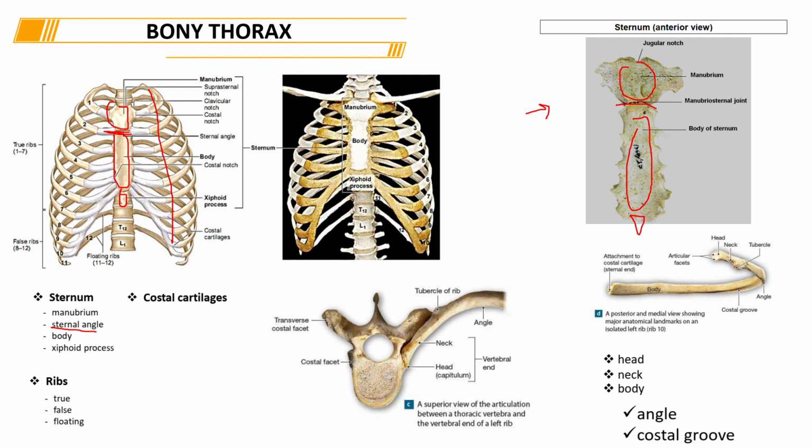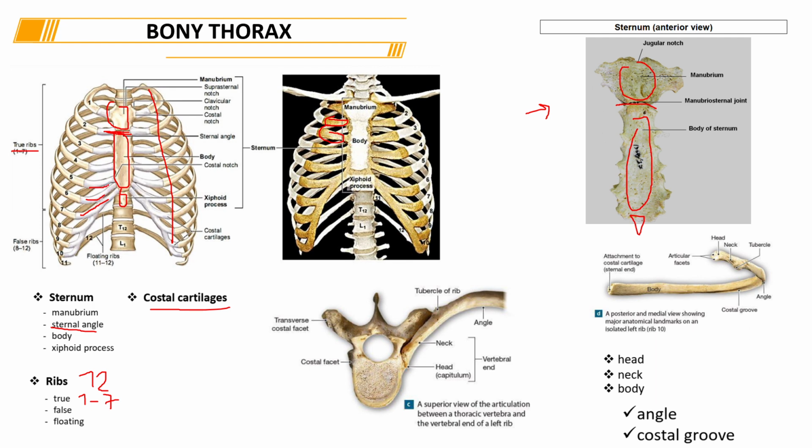And where the ribs join to the manubrium, this white thing is called the costal cartilage. The ribs have 12 pairs. Ribs 1 to 7 are called true ribs because they have their own costal cartilage.